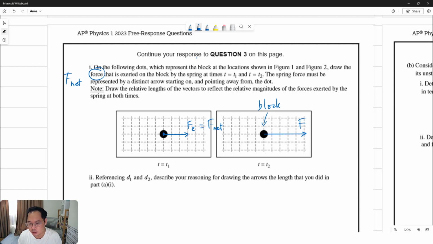This force F2 is again equal to the net force in the second case, and it is greater than in the first case.